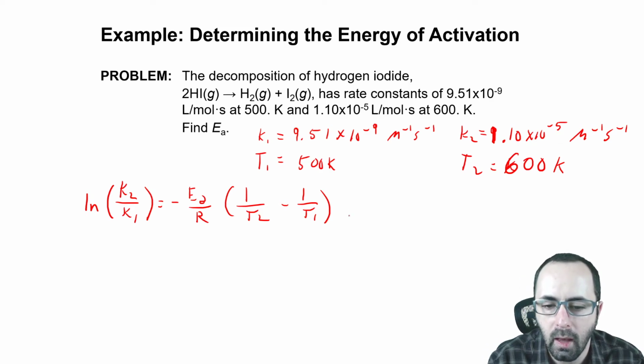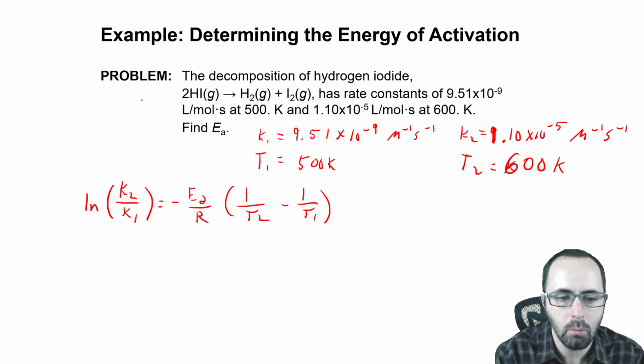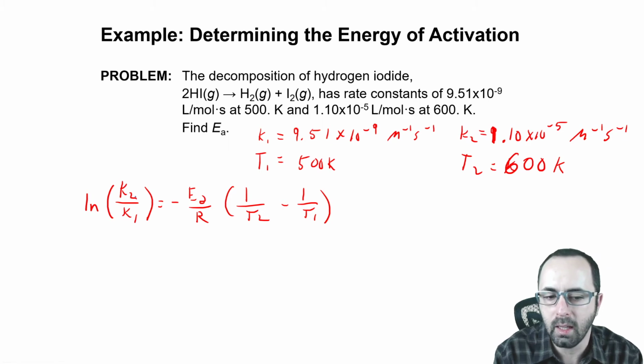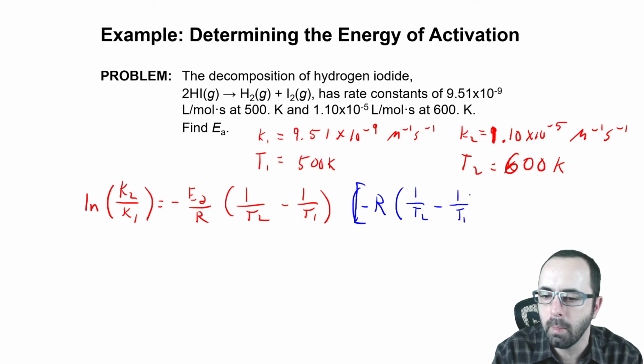So we're going to have to multiply both sides. We want to get rid of the negative R, so we're going to multiply times negative R. And we also have to get rid of all of this. So I'm going to multiply this times 1 over T2 minus 1 over T1 to the negative 1 power.